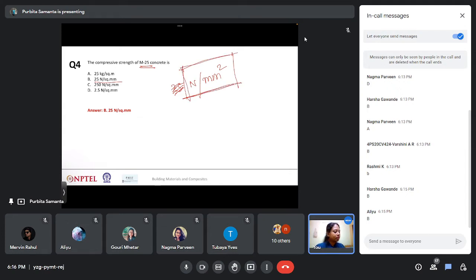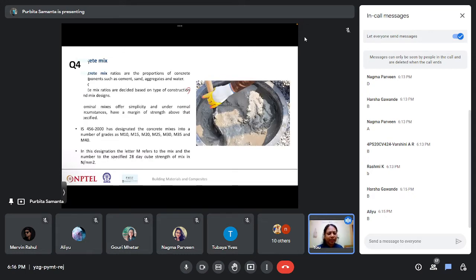Now I'll come to what this concrete mix is. By now I think you can understand that when I say concrete mix, it is about the proportion in which we are mixing the cement, fine aggregates, and coarse aggregates, and along with that we also add water to it. For the water too, there is a desirable proportion.